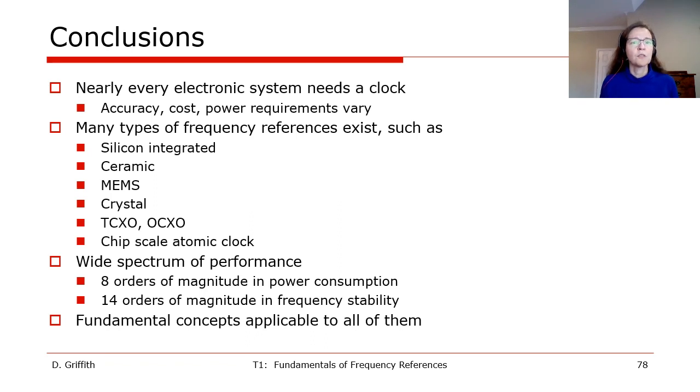During this tutorial, we've looked at each of these types of references and seen that they have a wide spectrum of performance, spanning 8 orders of magnitude in power consumption, around 14 orders of magnitude in frequency stability, and so on. Despite this wide variation, the fundamental concepts we've discussed are applicable to all of them. And I hope you've gained an appreciation of this interesting and extremely relevant field.